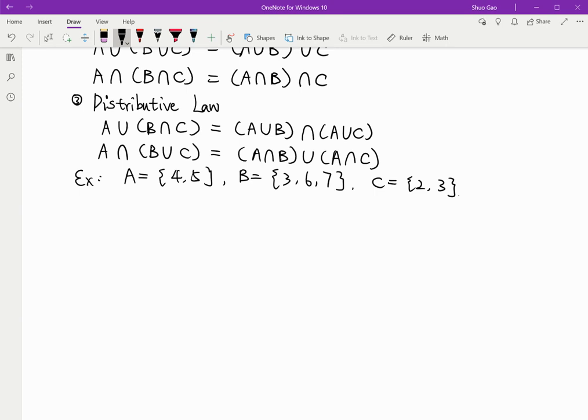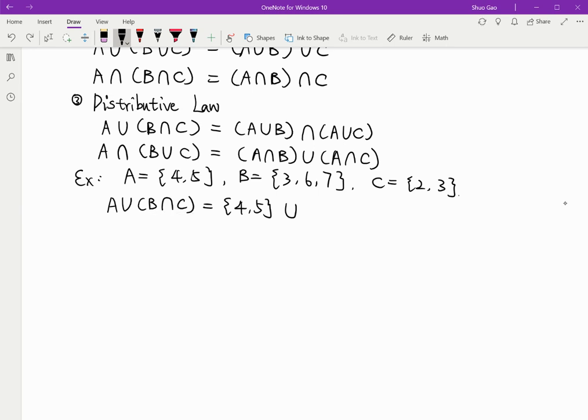If this is the case, first let's calculate A union B intersect C. So A is 4 and 5, union. So what's B intersect C?